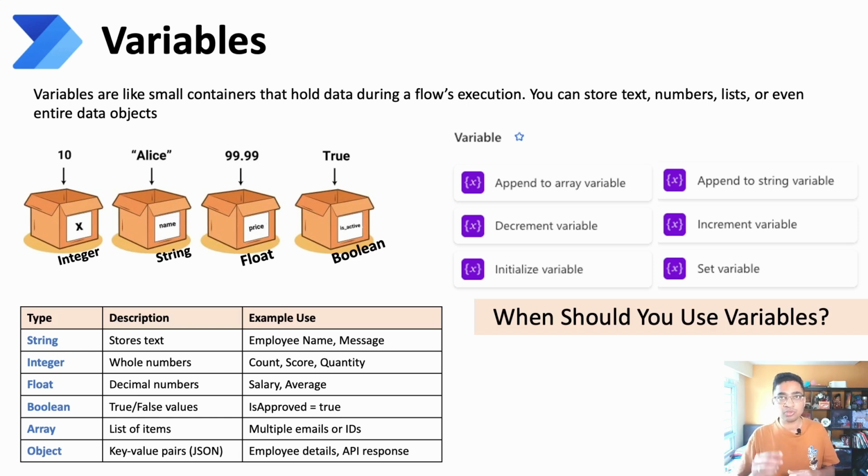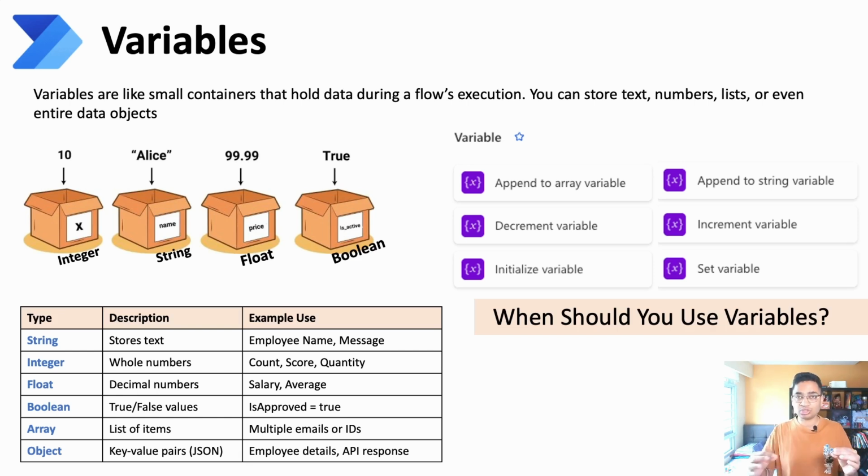The point to note is, when you define a variable inside Power Automate, you need to make sure you first initialize or define it at the very start. You need to come up with a name for that variable, then what kind of data type it will store. It can store integer, string, or float. So you have to choose what kind of data they will carry or hold.